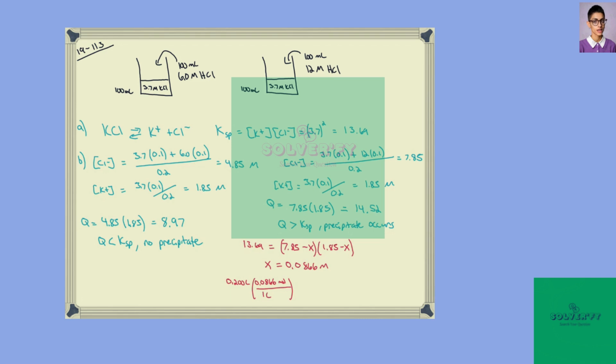This will correspond to the moles of potassium chloride that need to form in order to reestablish an equilibrium. We can then multiply by the molar mass of potassium chloride in order to get the grams of potassium chloride. And this gives us 1.29 grams of potassium chloride that will need to come out of solution for the second solution in order to reestablish equilibrium.